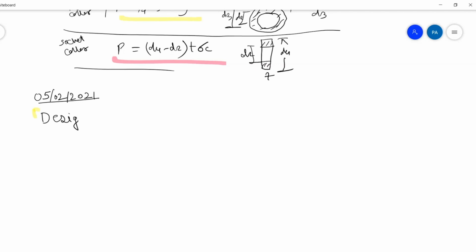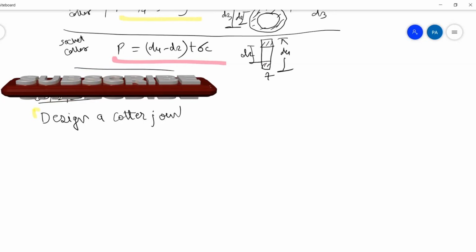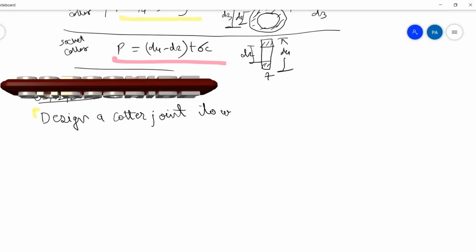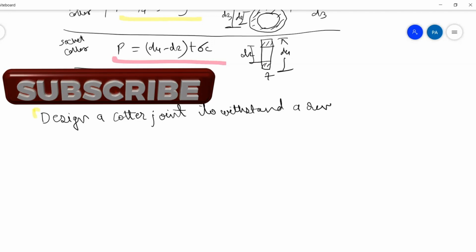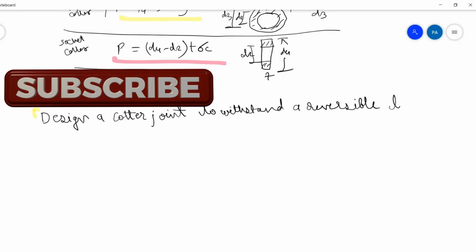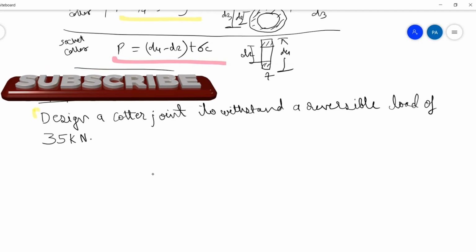Design a Cotter joint to withstand a reversible load of 35 kilonewton.